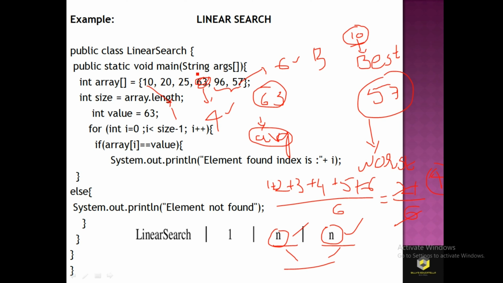Which type of time complexity case is best for developing an algorithm? The worst case is the best case for developing an algorithm. By using the worst case, you may calculate the time complexity which is less.